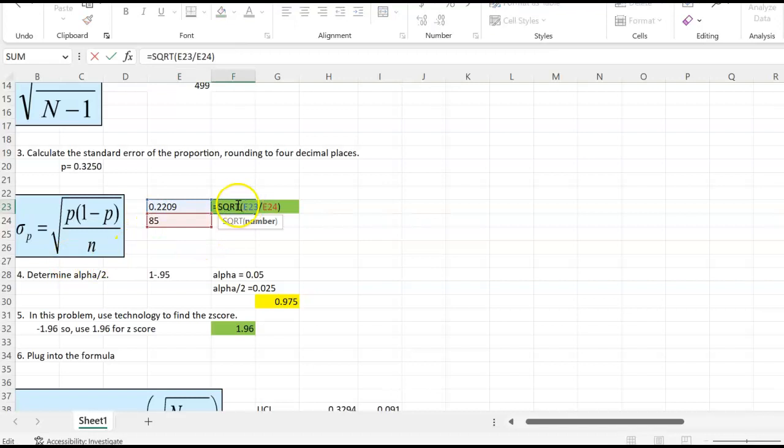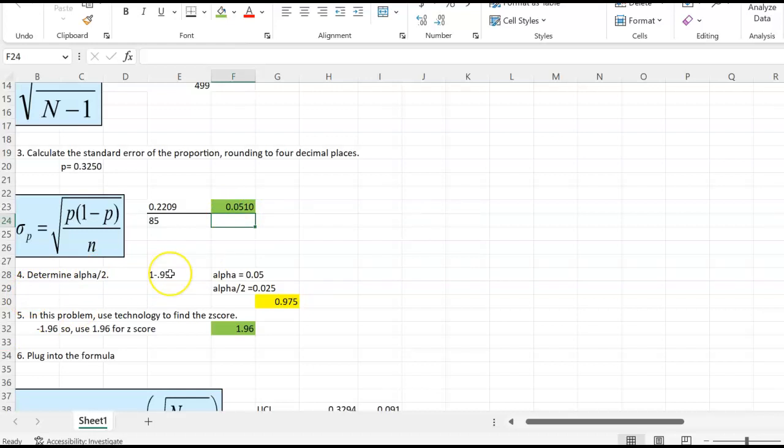So I'm going to take the square root of the numerator divided by the denominator. You want to put parentheses around the division, so you divide first and then take the square root. And I got 0.0510.